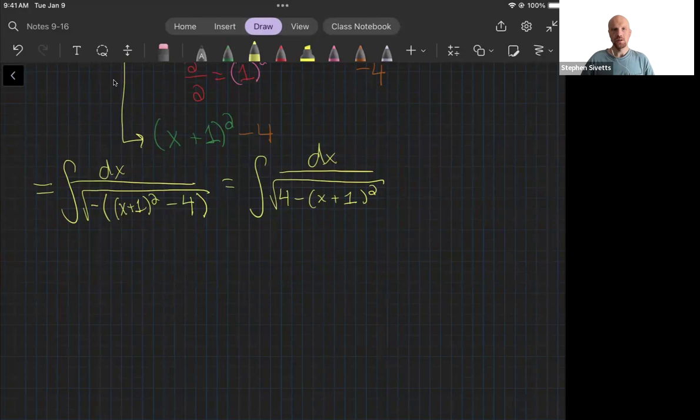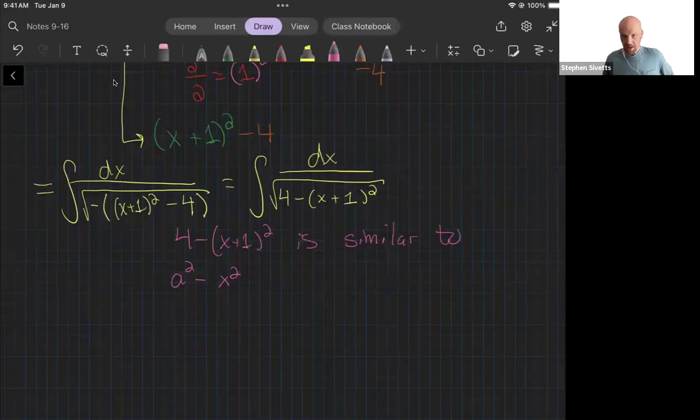So if you notice, this quantity 4 minus (x plus 1) squared is similar to the a squared minus x squared quantity, right? But the a number, our constant, is 4, and the x term in this case is x plus 1, right?